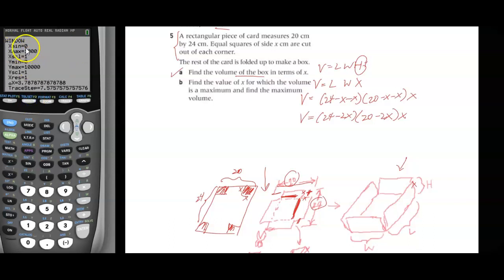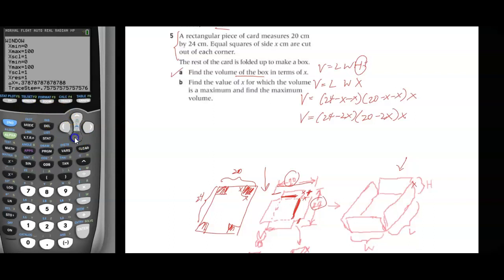The window, remember, goes from 0 to 1,000, 0 to 10,000. I think this is a little big. Let's go back to 0 to 100 and 0 to 100. Okay, let's try to graph that now. Okay, it's a little narrow and a little too tall. So let's at least make it less tall. Or no, it's not too tall. It is too tall.